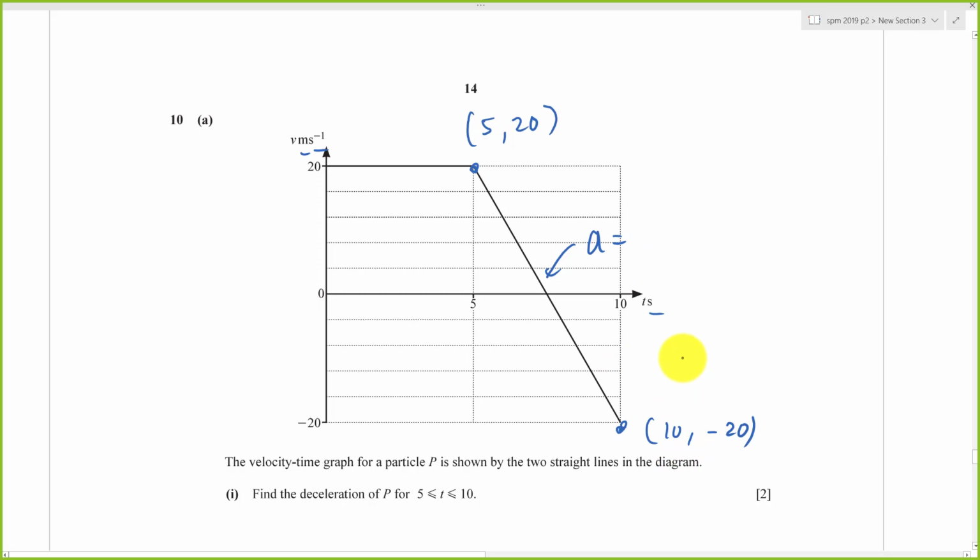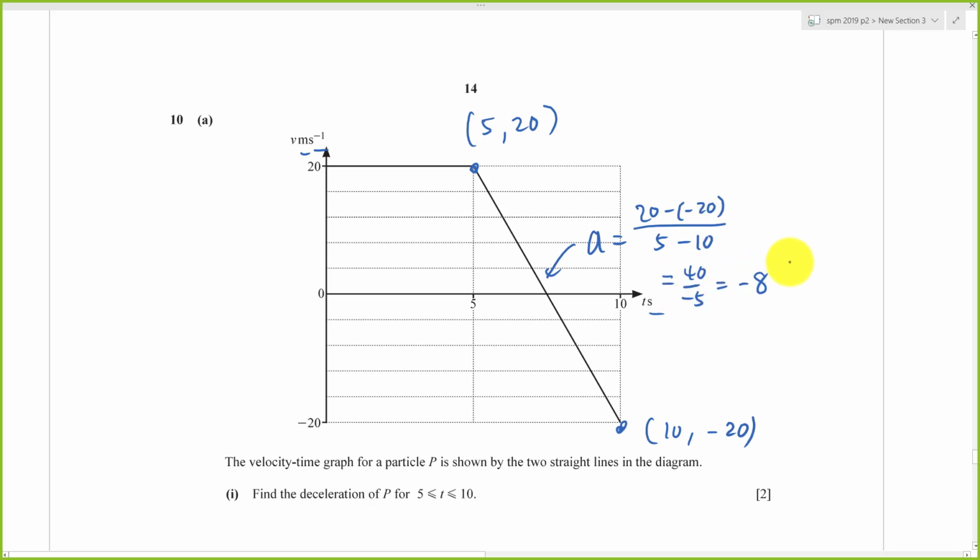Then I can straight away use it. Sometimes they will actually give you a weird one, something like minutes, then you need to convert by dividing by 60, something like that. But right now, meters and seconds, that means they have equal units. Then it's just y minus y over x minus x. So it's basically 40 over negative 5.